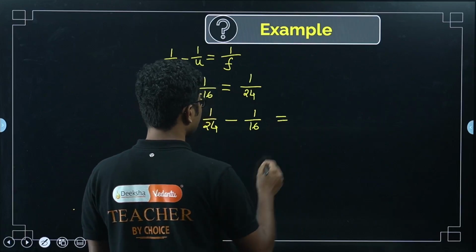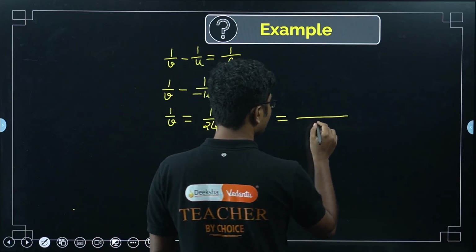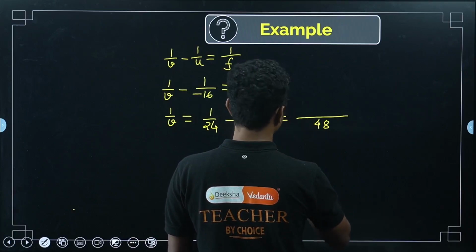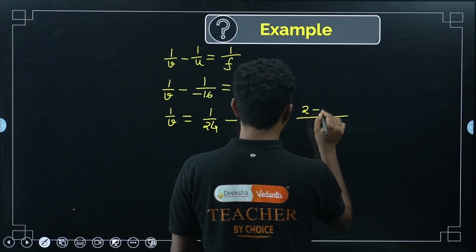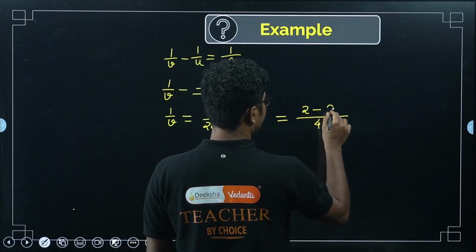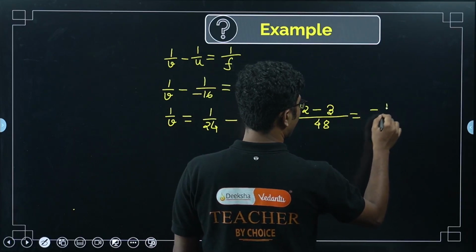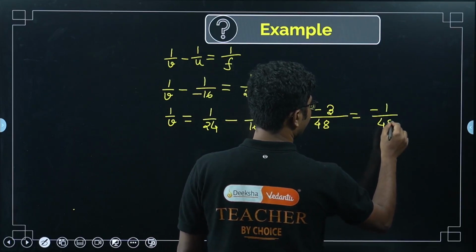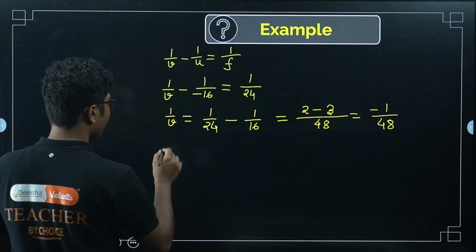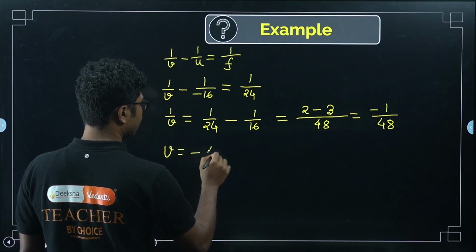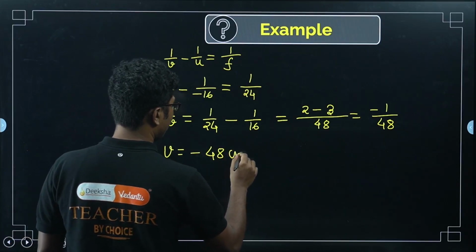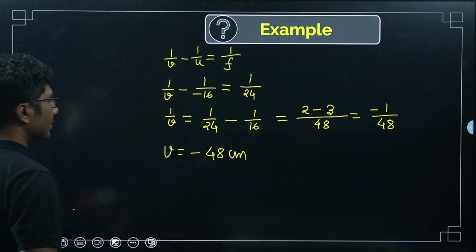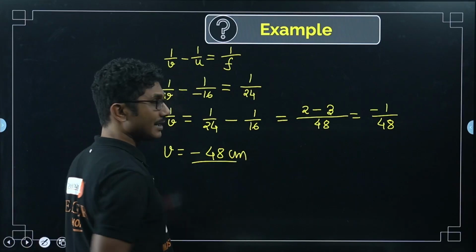Now what is happening? 48 is the LCM. So it is 2 minus 3, which is minus 1 by 48. So v is basically minus 48 centimeter. What is the meaning of that? The image is forming on the same side as the object.